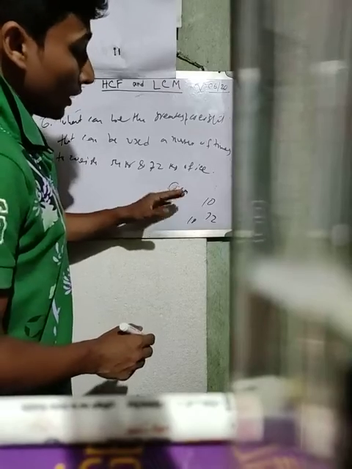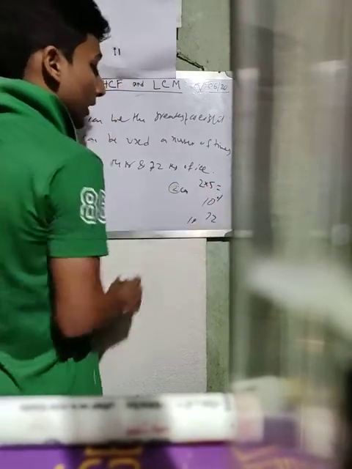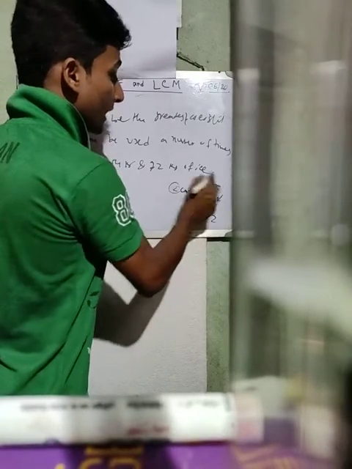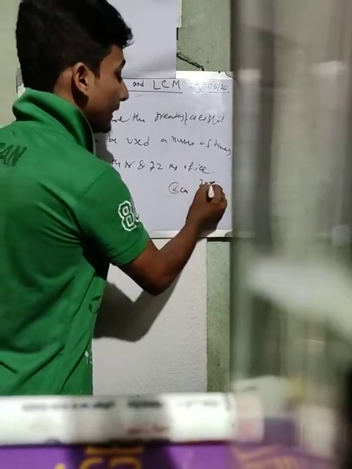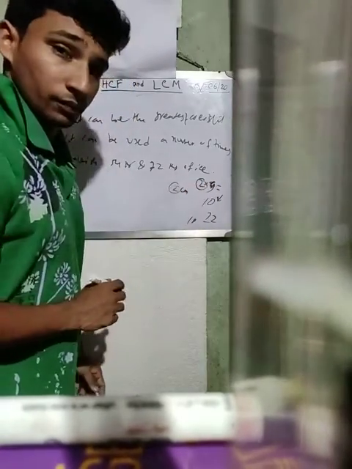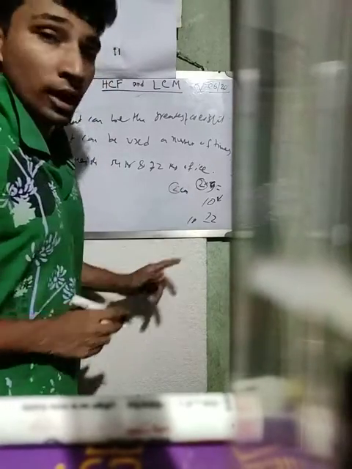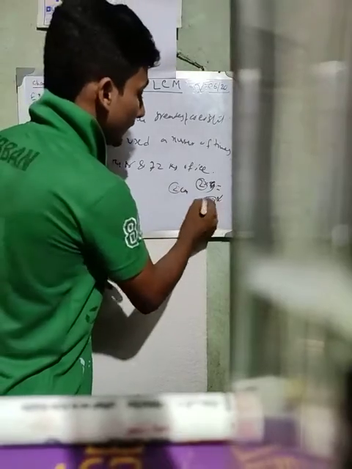If we use 2 five times, then 2 into 5 we will get 10. If we use 2 six times, 2 into 6 we will get 12. If we use 2 nine times, then we will get 18. That means 2 is the common number, and we use 2 many times to find these numbers.